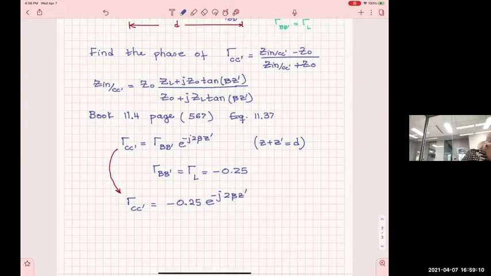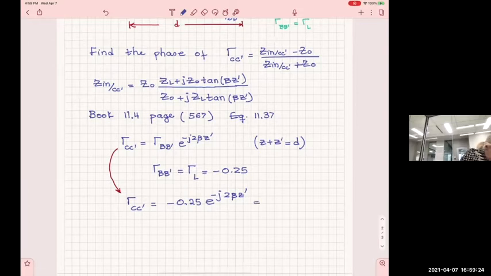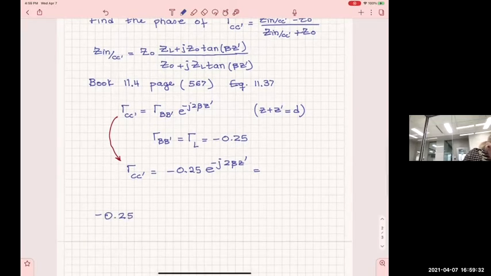And there is a minus there. So when you write this one as a complex number with a magnitude and a phase, you have to remove the sign, obviously, all right? So how do you write minus 0.25 as a complex number with a magnitude and a phase? Do you know how you write it?